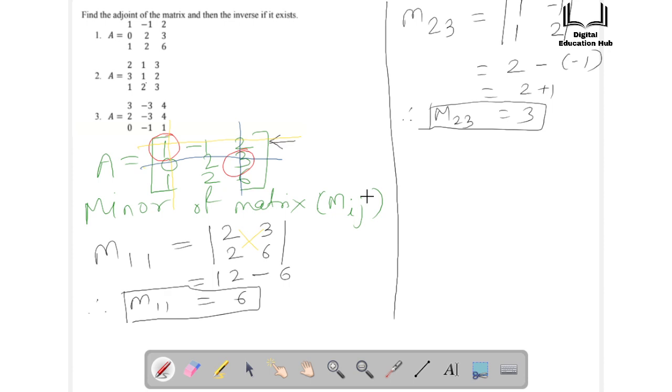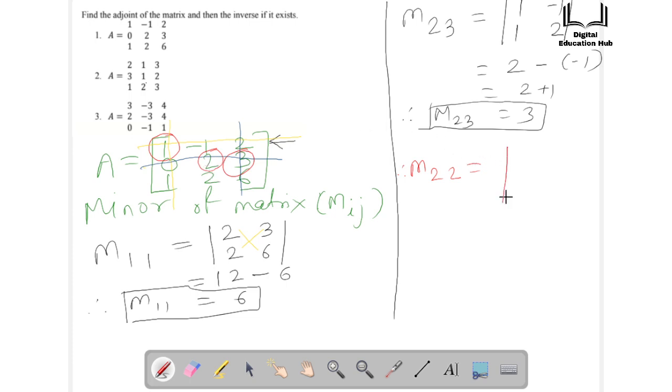Now this is your minor. I can find another minor. Suppose I'm trying to find the minor for this central one. So this is M22. M22 can be given as, exclude this row and column.